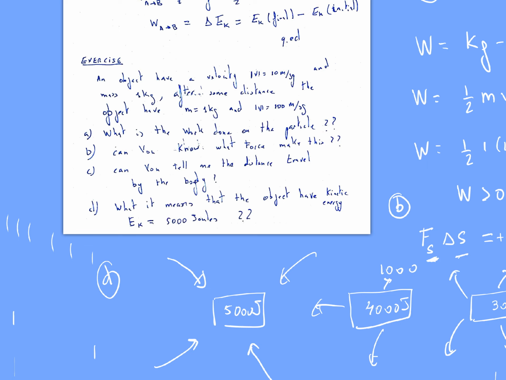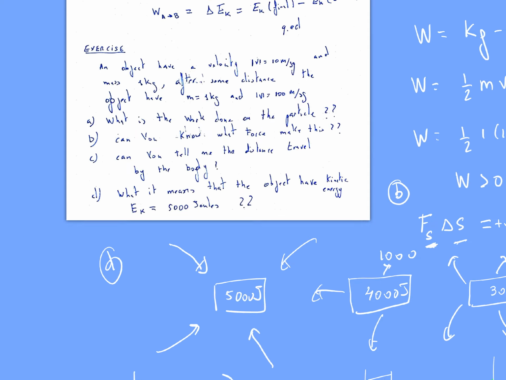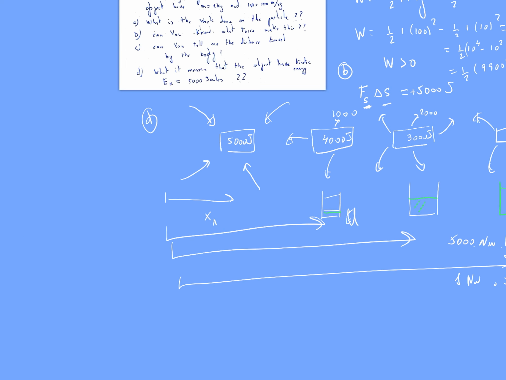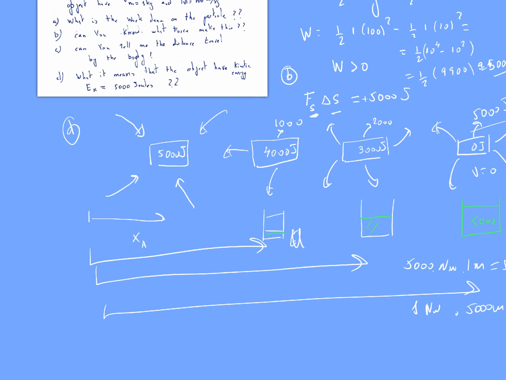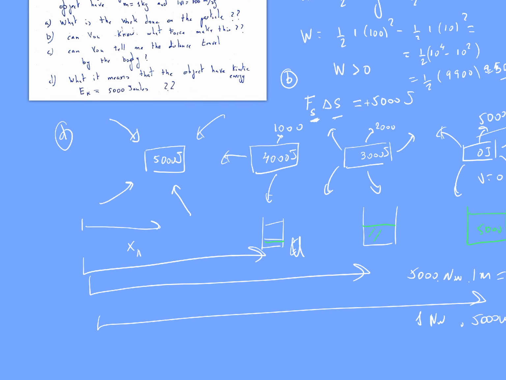What does it mean that the object has kinetic energy? Okay, this is an interesting question. If you have kinetic energy, there are two things that can happen. If you do a positive work, you increase the kinetic energy of the object. So what does it mean to have 5,000 joules? It means that you have 5,000 joules and you are moving with a certain velocity v.